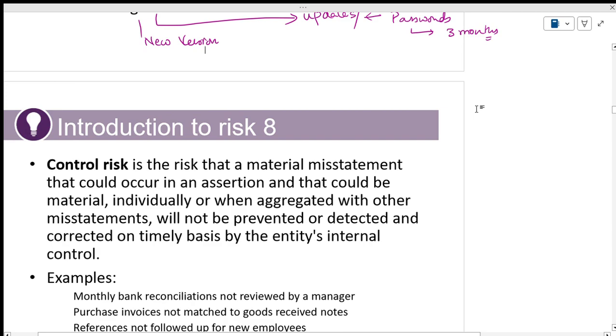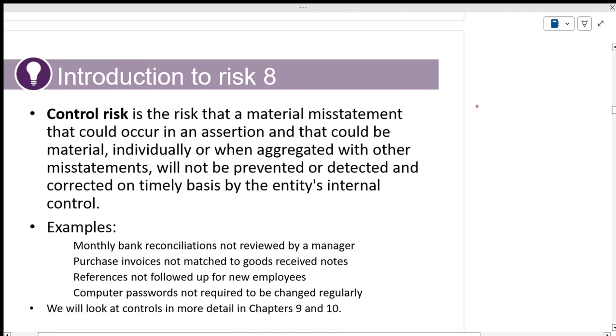What is the control risk? In simple words, you have the controls, but the controls are ineffective, so misstatements will not be prevented or detected on a timely basis by internal controls.